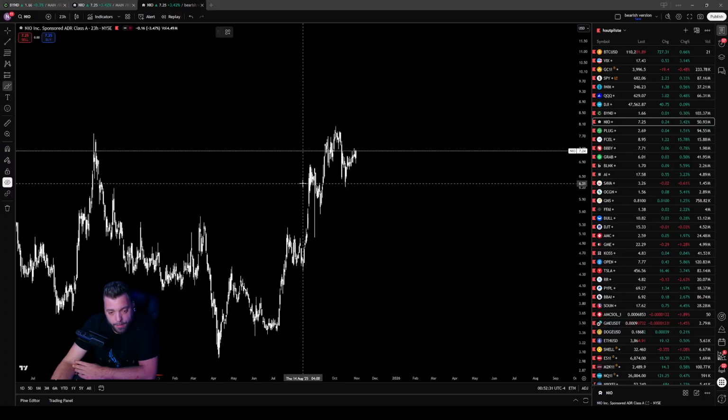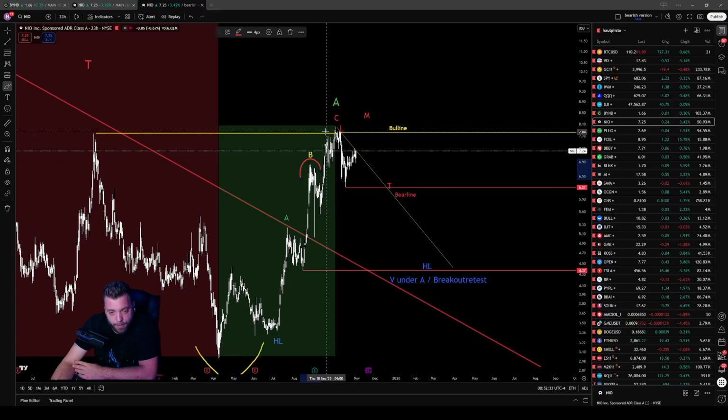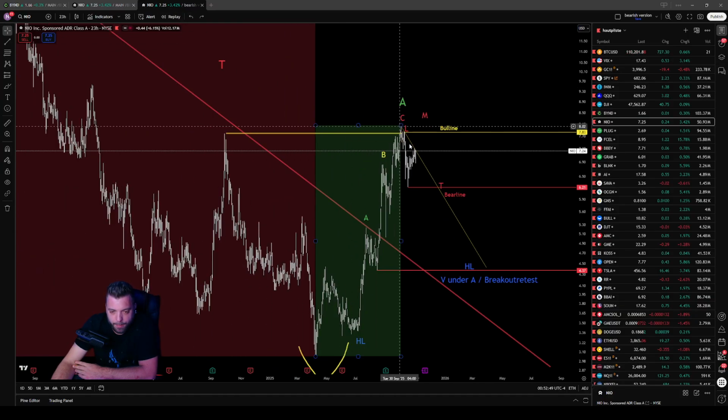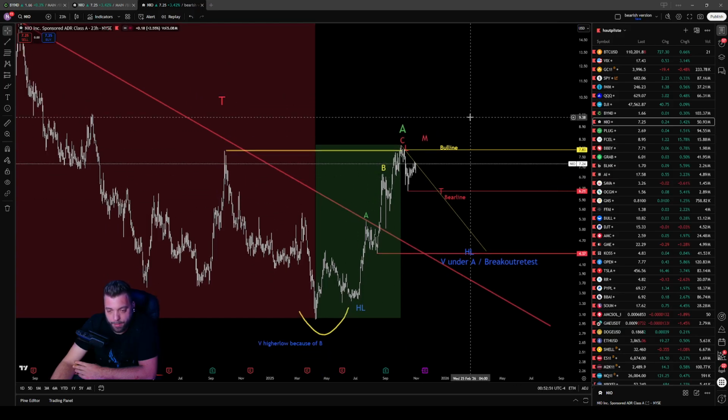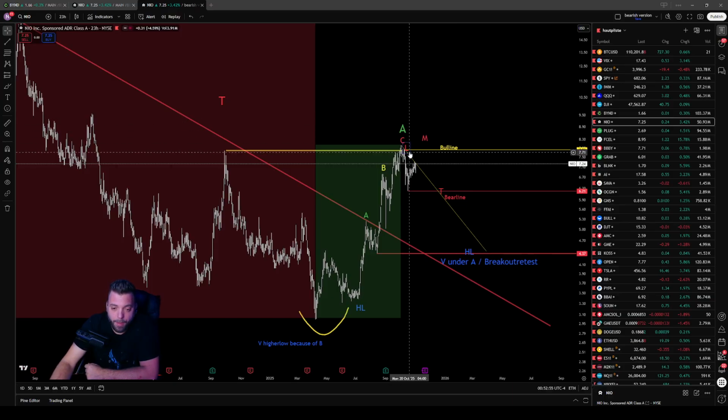This is just left shoulder, head, right shoulder. And even if you measure this with this and put the line, you're perfectly coming here. And I mean, I don't care about head and shoulder patterns because so many times they just don't work.